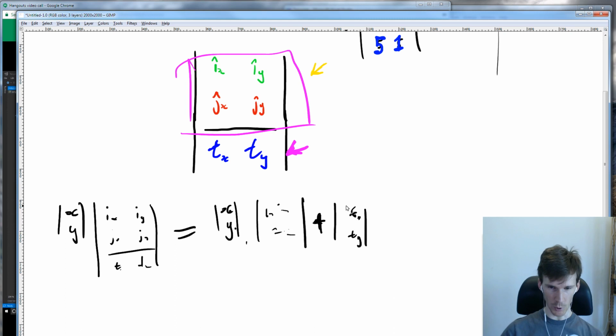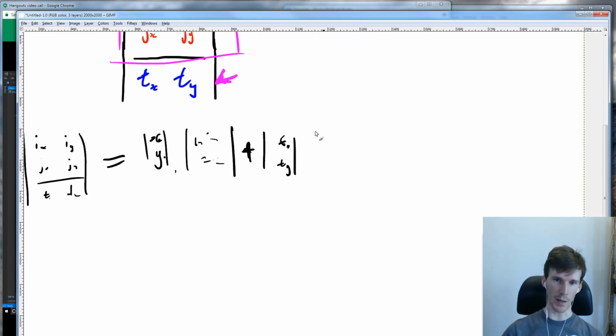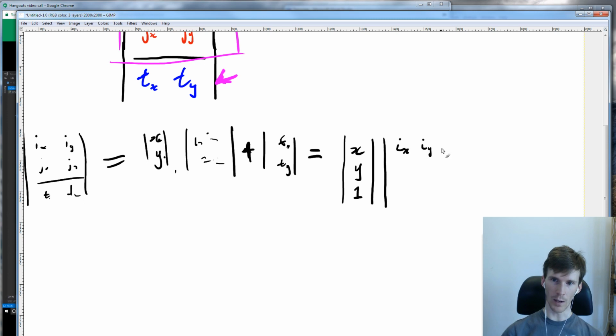And this is the bit I'm shortcutting. I'm going to tell you straight off the bat that that is equivalent to this: x, y, 1, times the matrix i_x, i_y, j_x, j_y basis vectors, t_x, t_y, and 0, 0, 1.